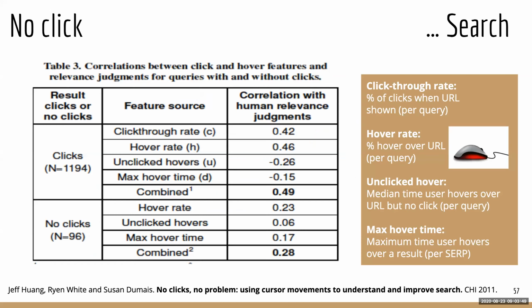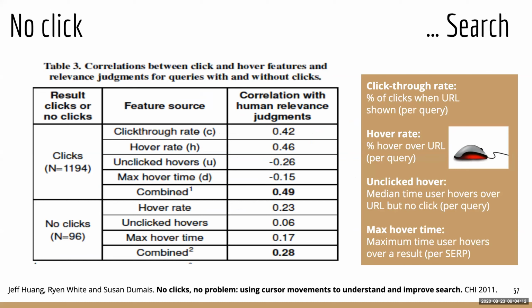Going further, this was work done in 2011 in the context of Microsoft Research, looking at mouse movement on the interface. It was a laboratory study where users were given search queries and asked to look for results and judge what is relevant.